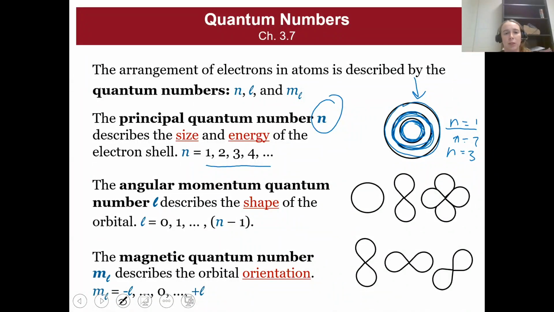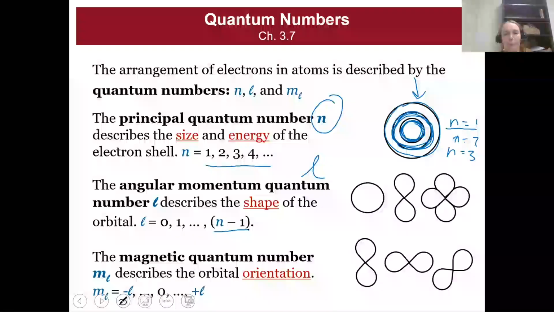All right, so now let's talk about a new quantum number. The angular momentum quantum number is L. I made it like a cursive L. That L describes the shape of the orbital. L is going to be an integer as well, but it can't be the same as n. It has to be 1 less than n.